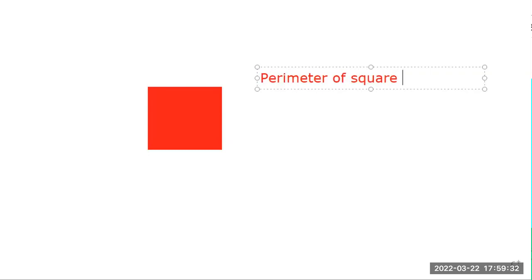The question said that the perimeter of the square equals 32 centimeters. Now, what is perimeter? Perimeter would be the distance around the entire shape. So the perimeter of the square would be adding this side, this side, this side, and this side.